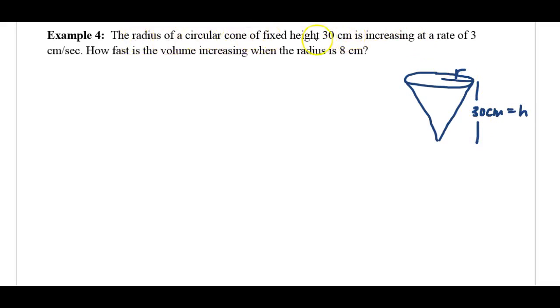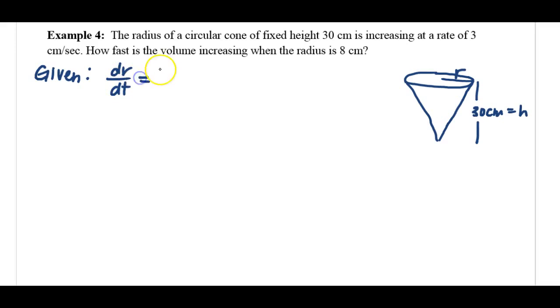So the radius of the cone with fixed height is increasing at a rate of 3 centimeters per second. So this is like an extended sentence here, and that's where students get confused. But we're being told that the radius of the circular cone is increasing at a rate of 3 centimeters per second. So what have we been given? We've been given dr dt.